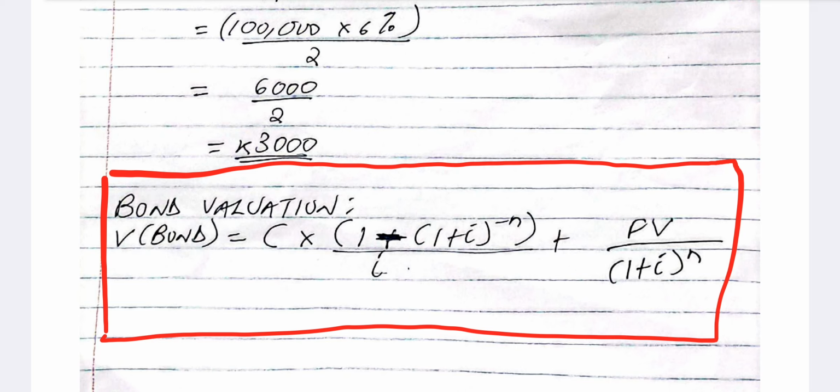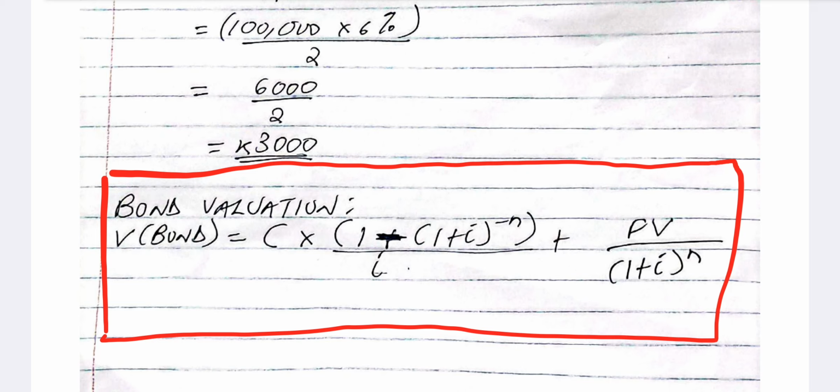Because we are discounting backwards, we have the power negative n there, and our n is 30 periods. And then the same values apply on the other side. So we have our face value, sorry, I don't know why I always say future value, our face value divided by 1 plus our periodic required return to the power n, which is representing our periods.